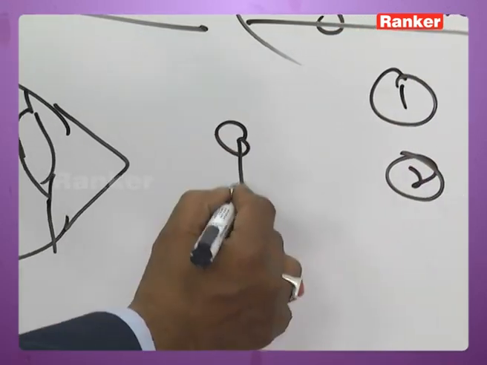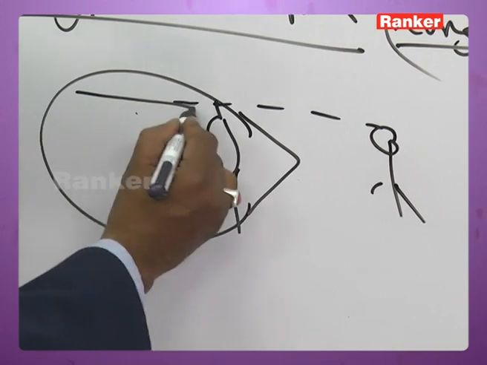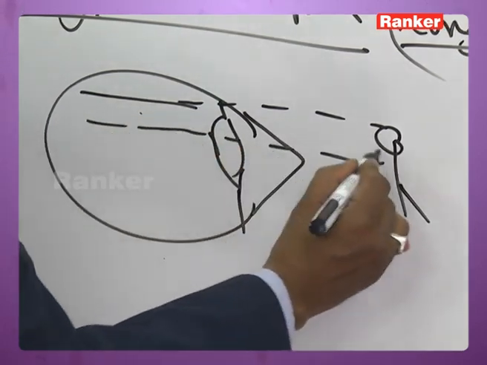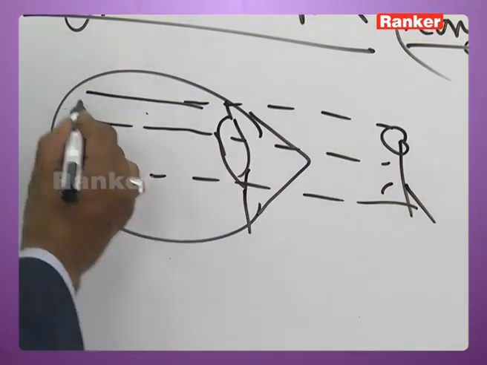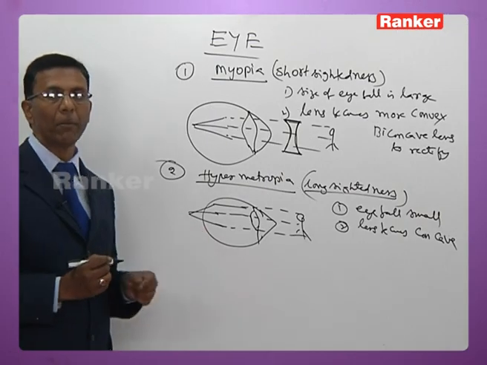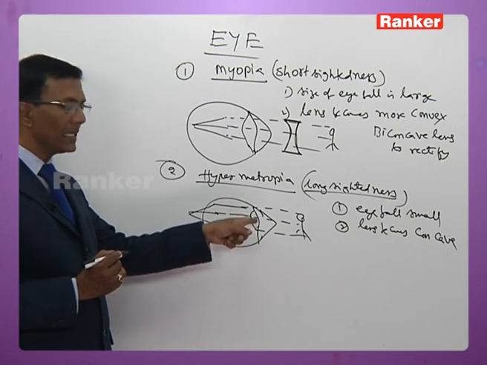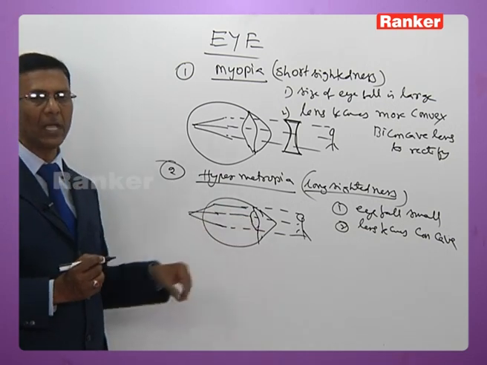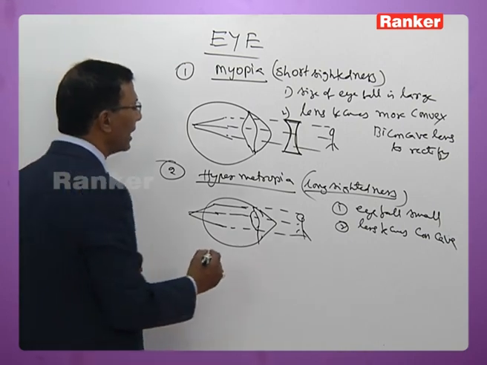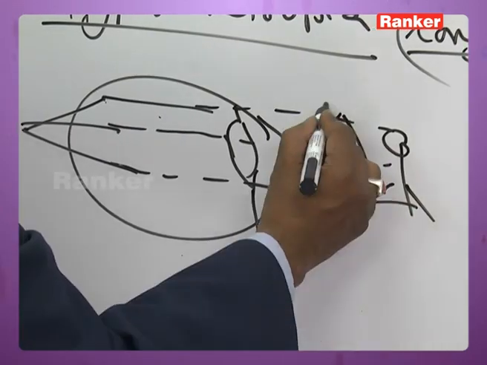The image of an object near to the eyeball is formed beyond the retina because of the concavity of the lens and decrease in size of the eyeball. Now this is rectified by using a biconvex lens.